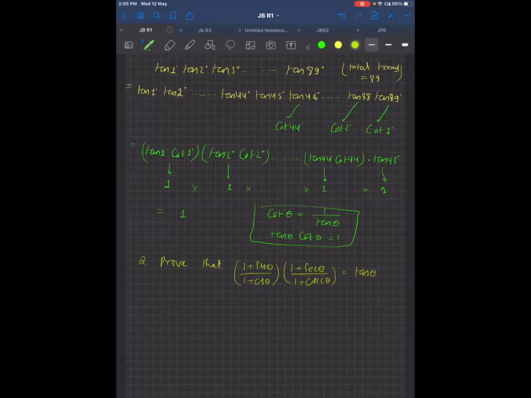So we need to prove that (1 plus sin theta)/(1 plus cos theta) into (1 plus sec theta)/(1 plus cosec theta) is equal to tan theta. Try this, you have 2 minutes.